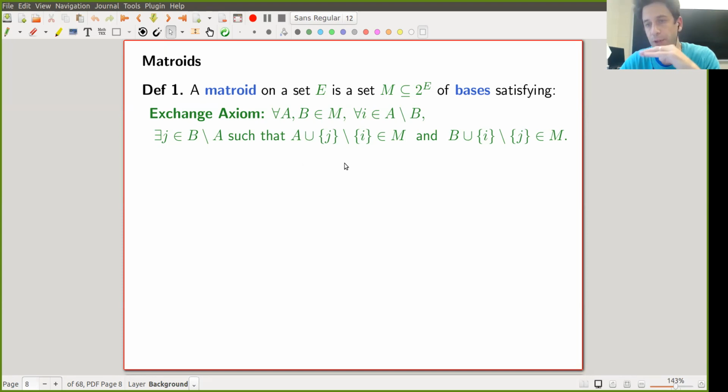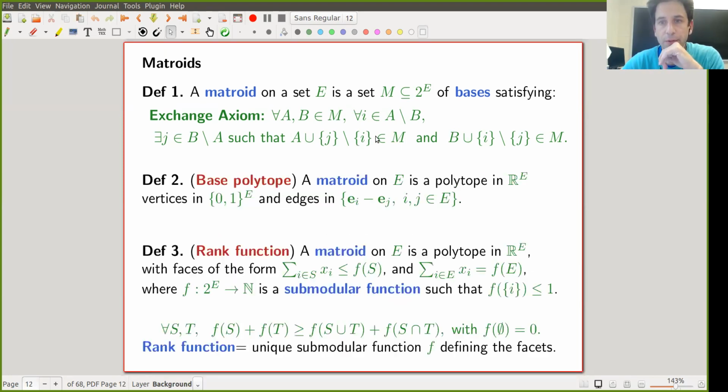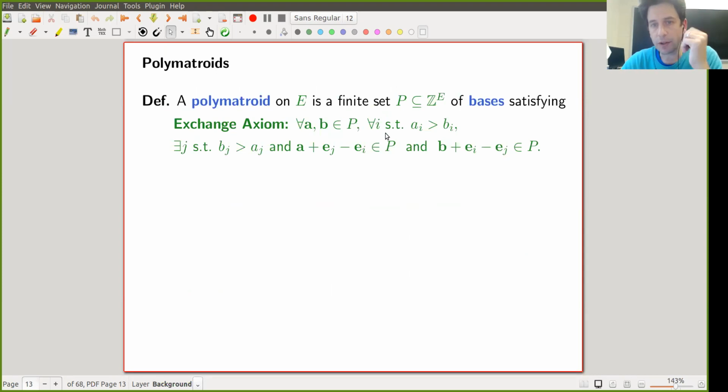And you can repeat that until you are transformed into B. Same thing happens here, but at the level of coordinates this time. Each time that you have a coordinate that is different between two bases A and B, you can make a tiny change of coordinates, increase one and decrease one in the direction of B, and stay within your polymatroid.